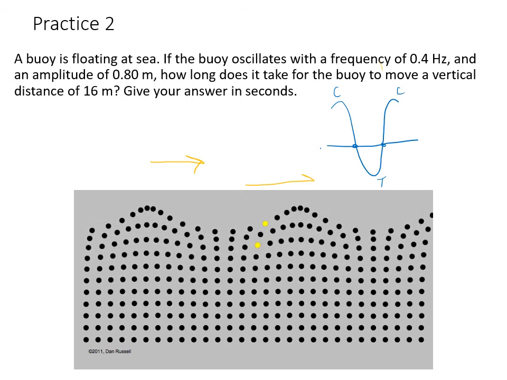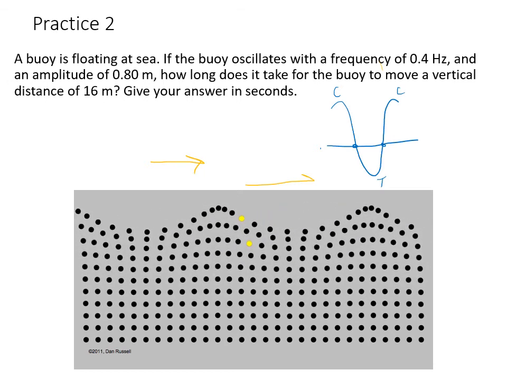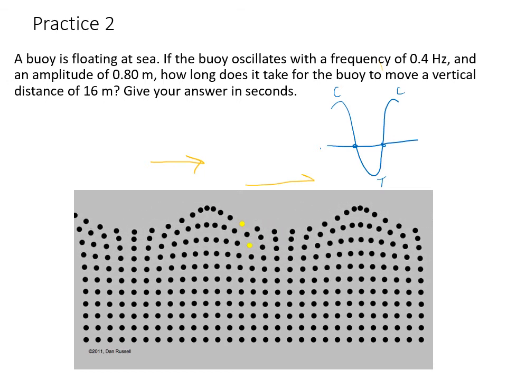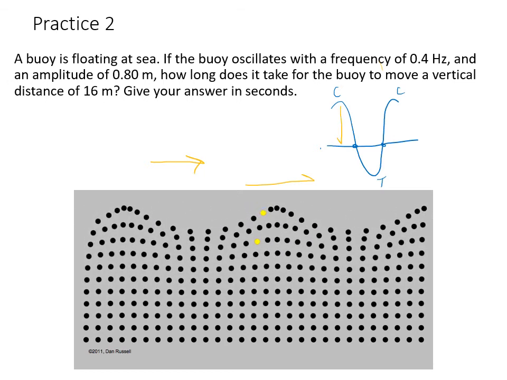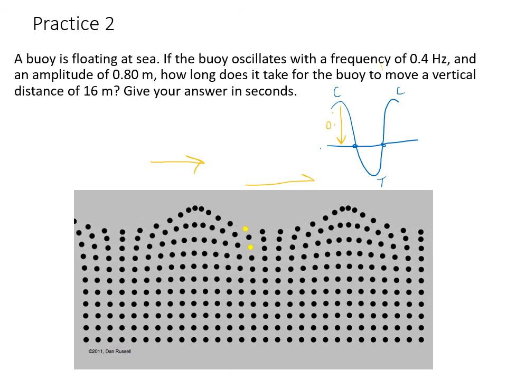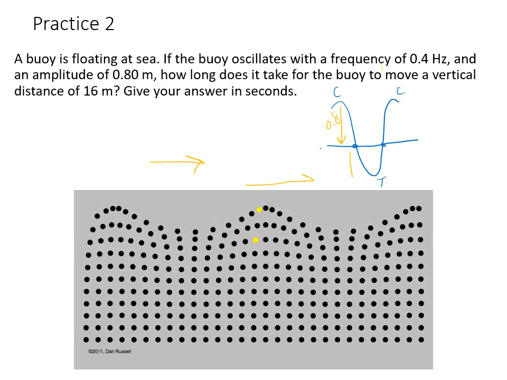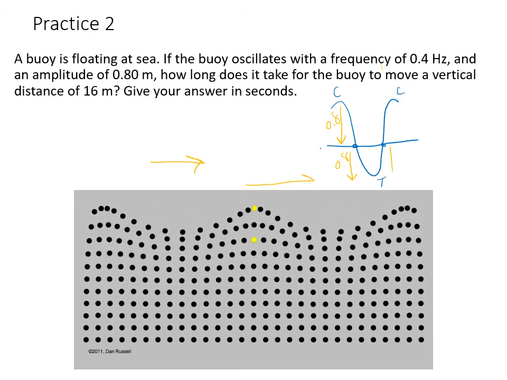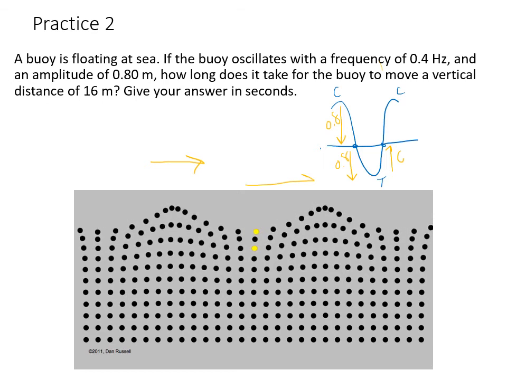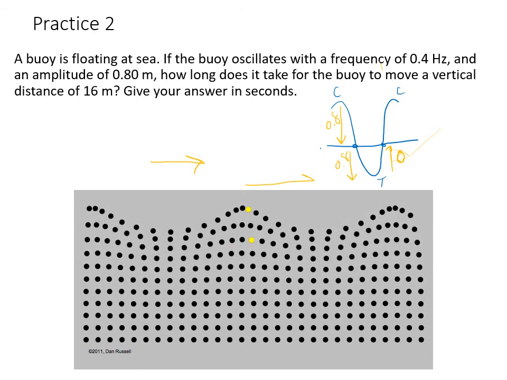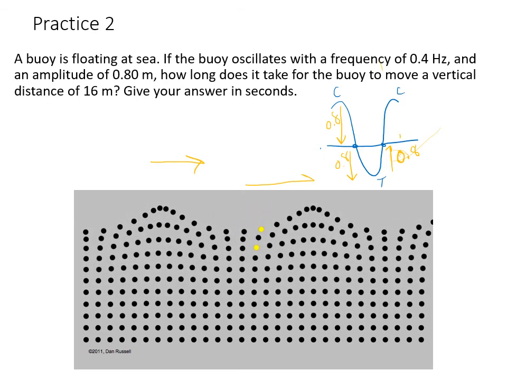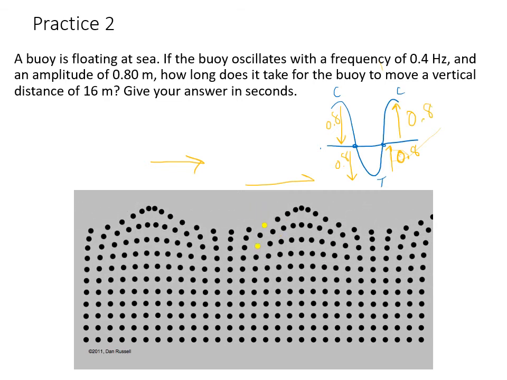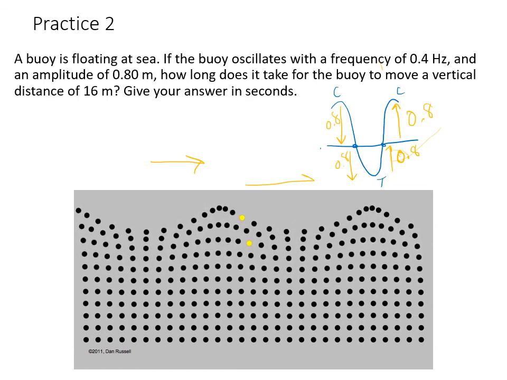Okay, so the buoy in one oscillation is going to go down 0.8 meters if it starts at the top of the wave, then down a further 0.8 meters, and then it's going to come back up 0.8 meters, and then to return to its original height, it needs to go a further 0.8 meters, because the amplitude is just 0.8 meters.